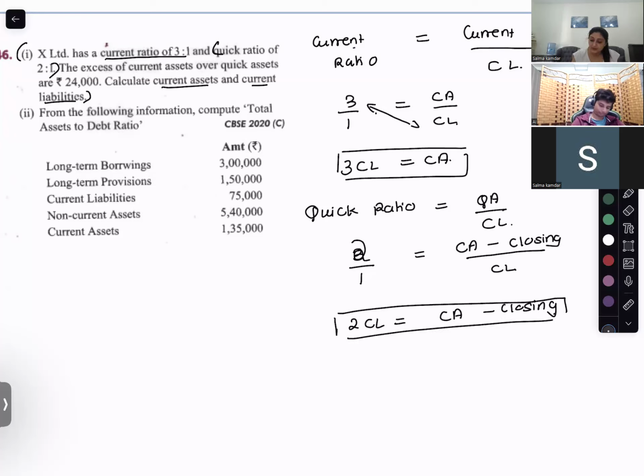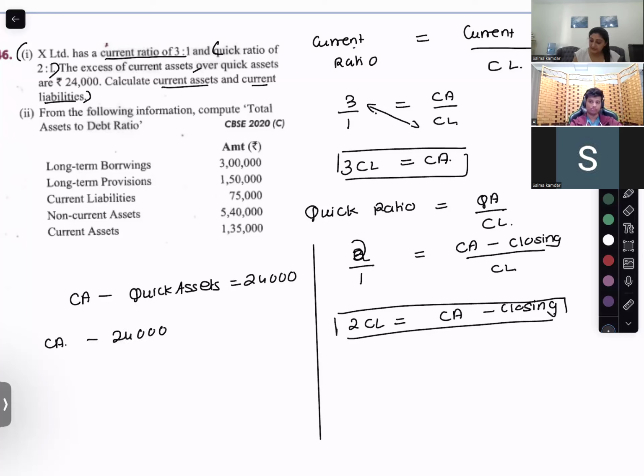They have also told us the excess of current assets over quick assets: current assets minus quick assets is equal to 24,000. So can I say current assets minus 24,000 is equal to quick assets?